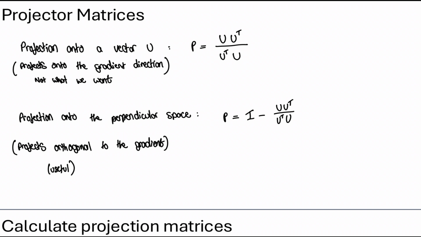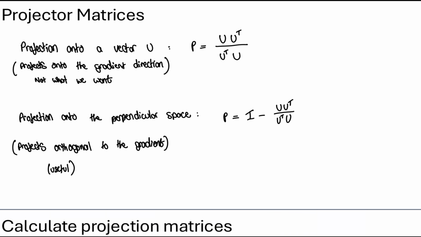That is because when we have a constrained optimization problem, we are not allowed to move in all the directions. We're only allowed to move along the constraint. What that means is we need to keep only the directions tangent to the constraint, and this is what allows us to do that.